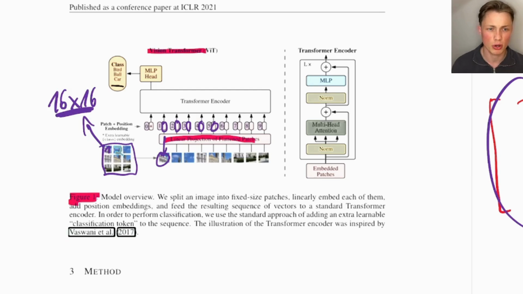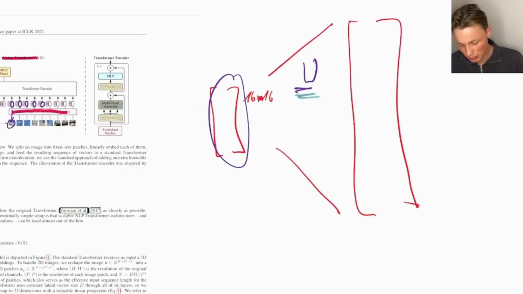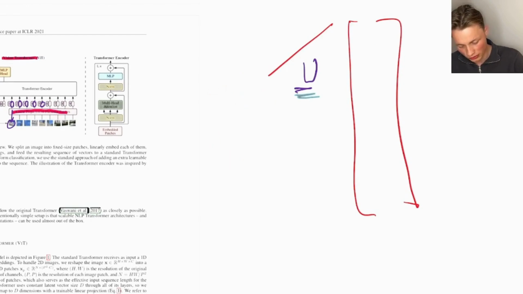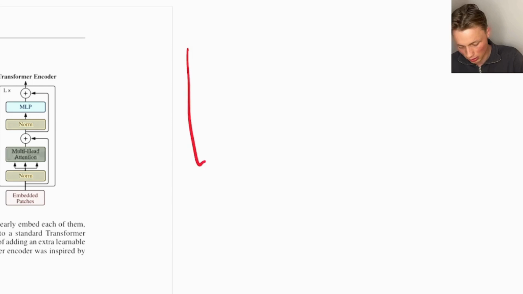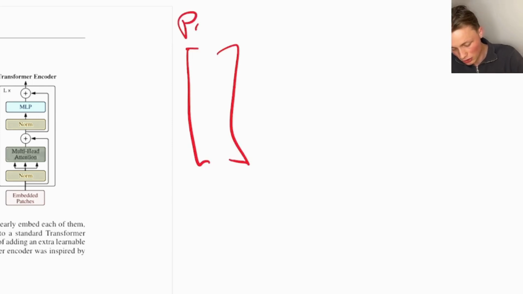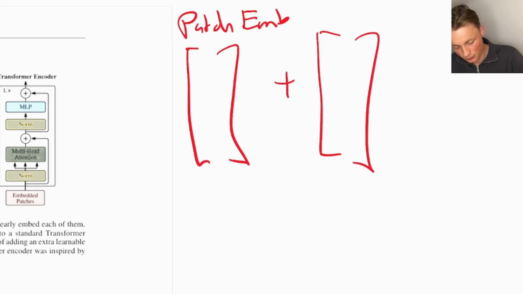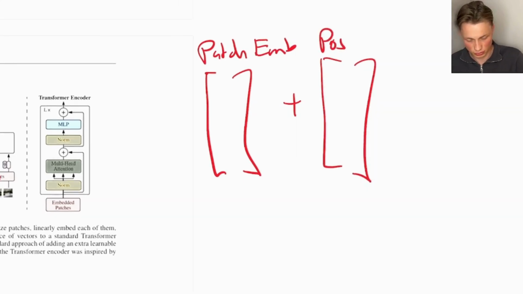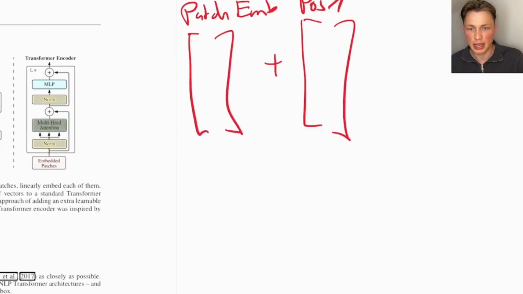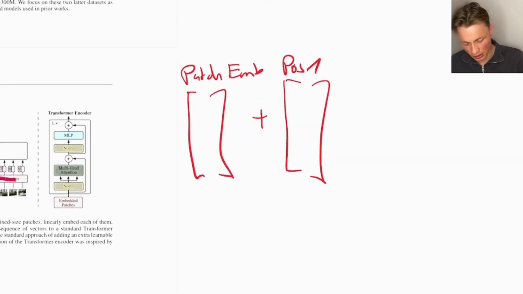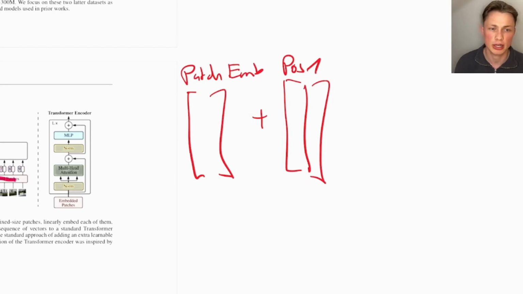In this paper, the authors didn't use a rotary embedding or sinusoidal embedding. They just use a learnable positional embedding. So let's have a look at how the learnable embedding looks. We have here our patch embedding, and we just add a positional embedding, for example for position 1, which in our example here is the top left corner. Now this one, at the beginning of the training, is initialized completely randomly.